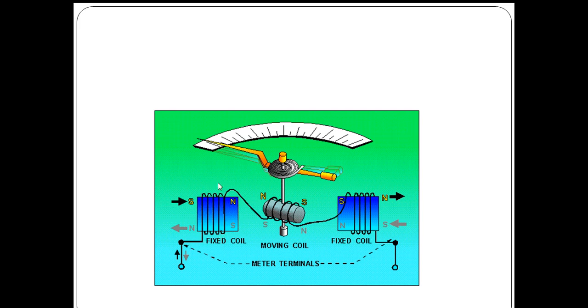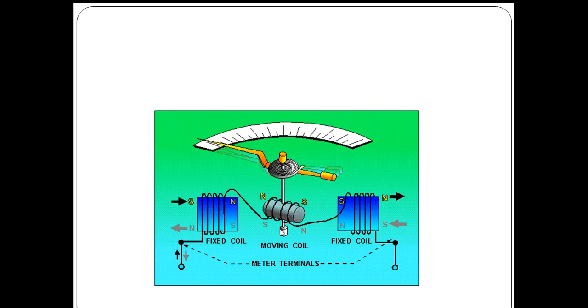Whenever the current is flowing, it is producing the polarity, and this coil will be connected through a rectangle coil. A rectangle former is there, on that the coil will be placed, and this coil will be arranged on a spindle.